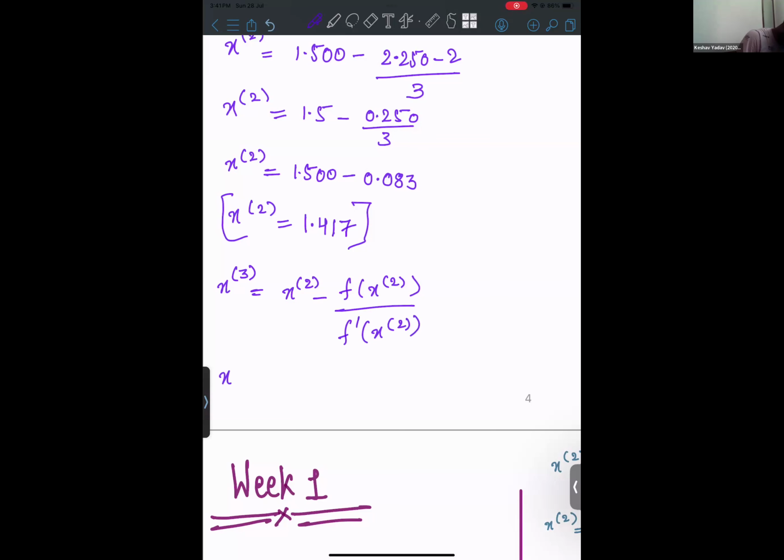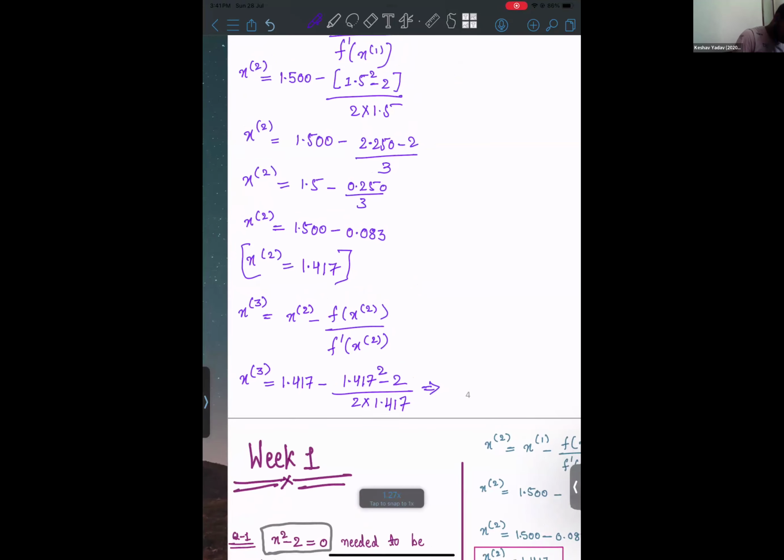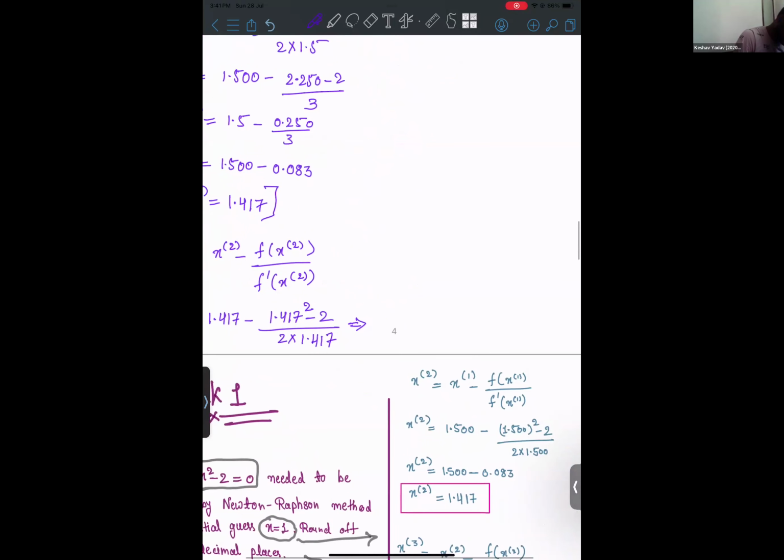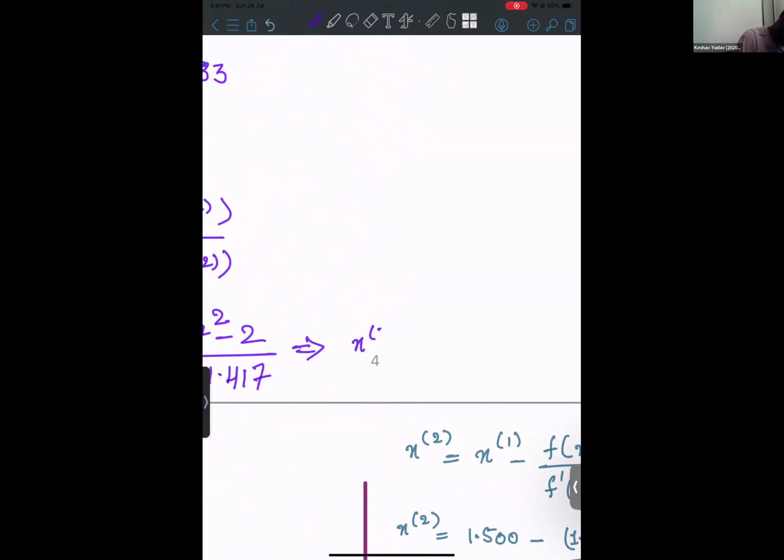So x at third iteration will be equal to 1.417 minus (1.417 square minus 2) divided by 2 multiplied by 1.417. What will be the value of this? This will give x at third iteration.